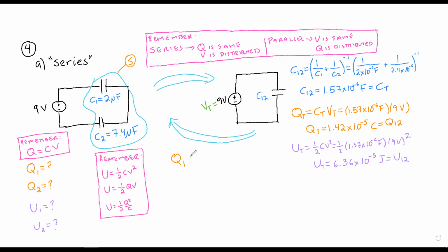Exactly, the charge in Q1, because they're in series, is going to be the charge in Q2, and that is going to be equal to the charge in Q12, because they're in series. And what is that value? We just have that value there. It's 1.42.